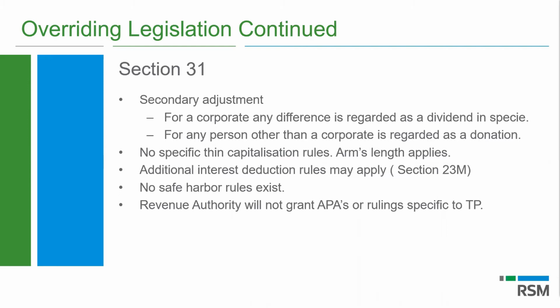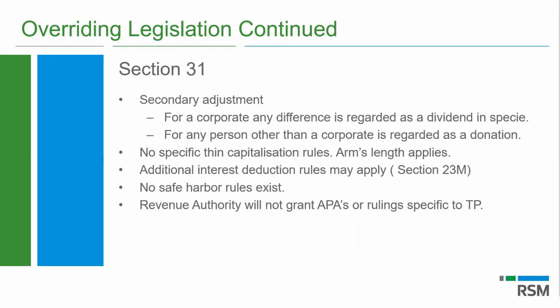We don't have specific thin capitalization rules. So thin capitalization rules deal specifically with interest deductibility. In South Africa's context, the arm's length principle applies in the purest sense of the form. So when looking at loans, you have to consider whether or not those loans, in terms of the terms and conditions and interest rates, potentially could have been obtained from an independent third party.